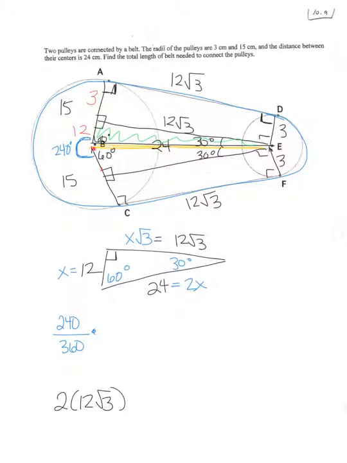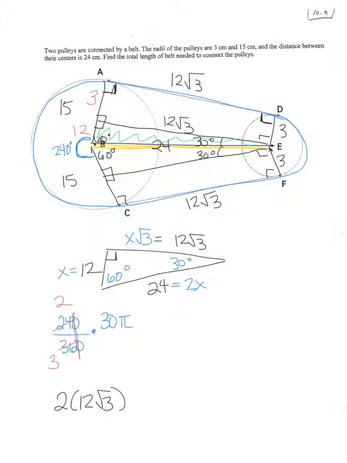Well, you know that the radius is 15. Therefore, the diameter is 30. Circumference, you'd multiply that by pi. So let's multiply across. Let's simplify a little bit. So get rid of the zeros. 24 and 36, 12 goes into both of those. So we can go down to 2 over 3.